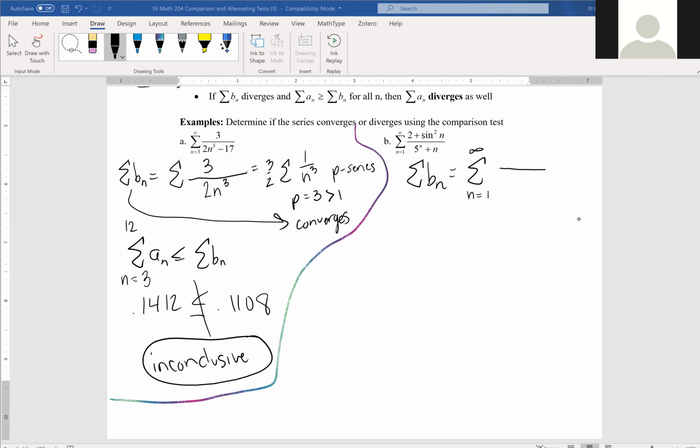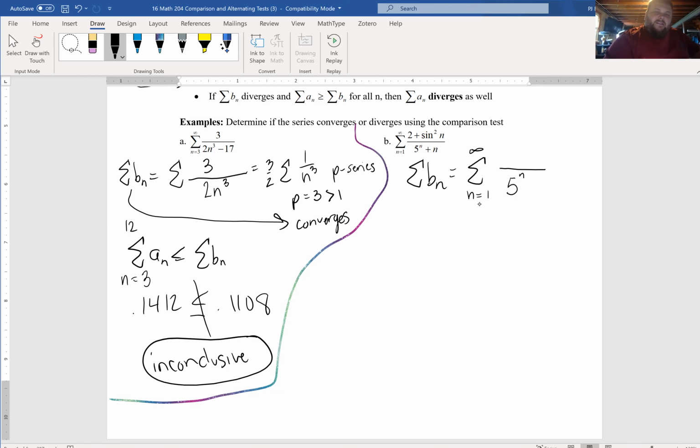Would it be sine squared n over 5 to the n? So 5 to the n I do agree with. And well, first off, thanks for answering. So sine squared, looking at it, you would think that's got to be bigger, right? It's got n in it, it's going to change, so that just automatically makes you think it's got to be the greater term.